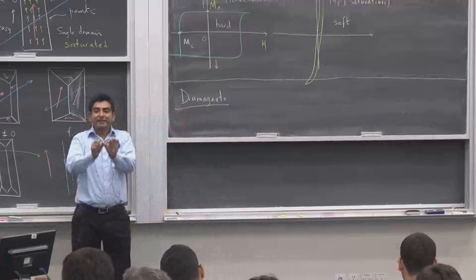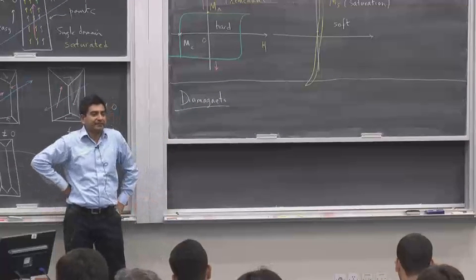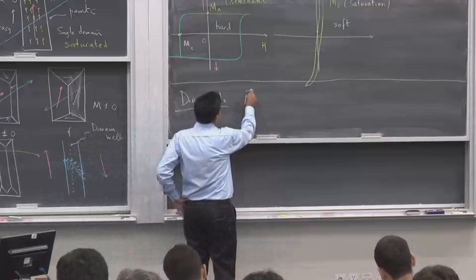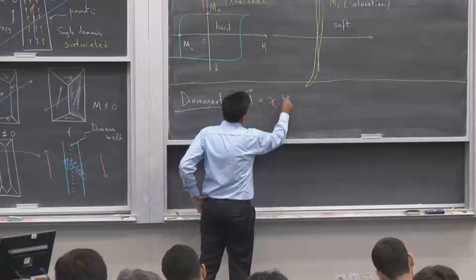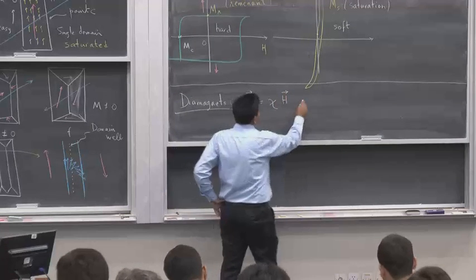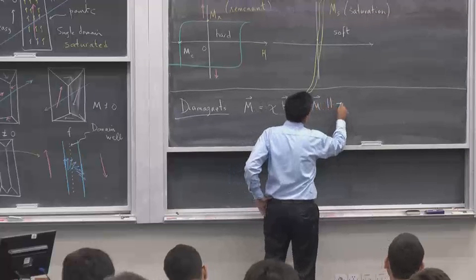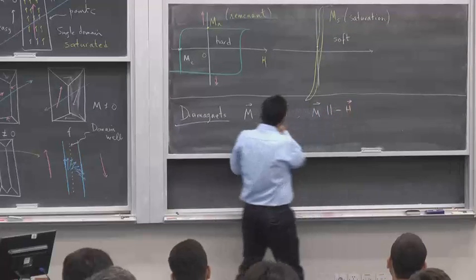Now diamagnets have a negative magnetic susceptibility, which means that M equals chi H, and M is parallel to negative H, because chi is negative.